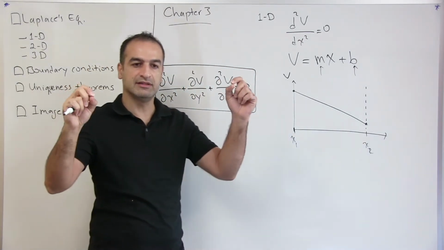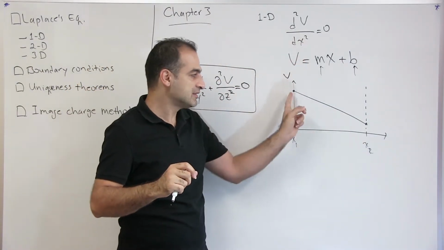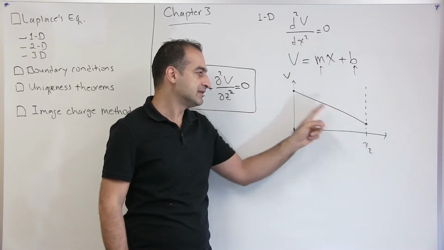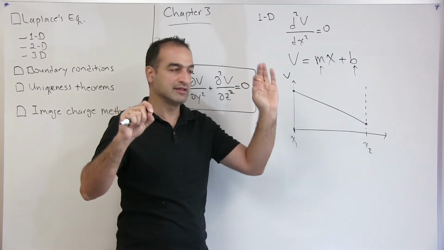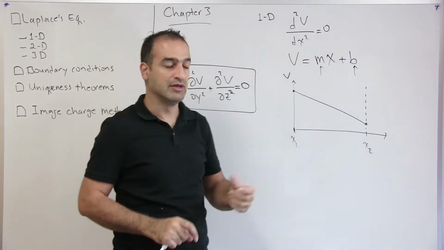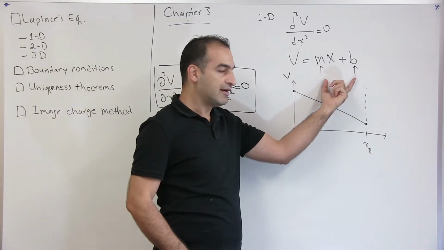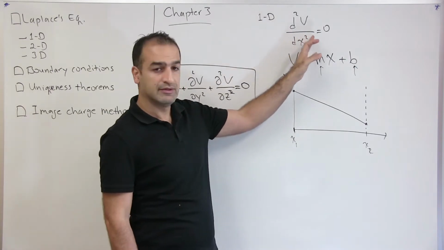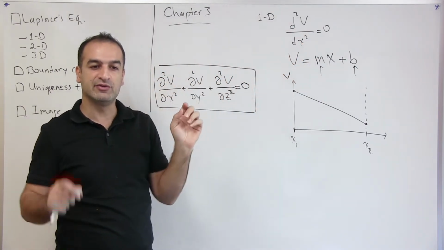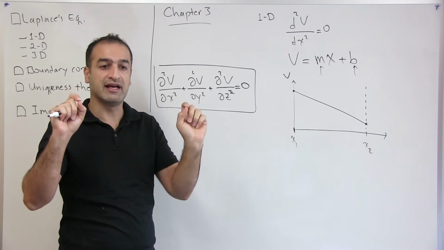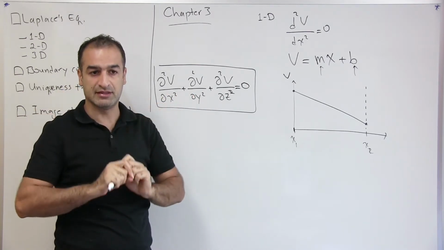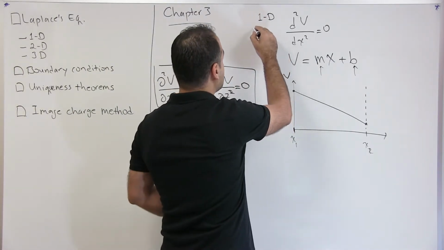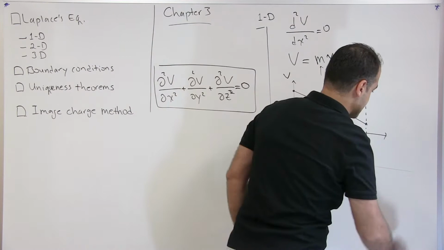The slope m and the constant b are calculated based on these 2 boundary conditions. Any second order ordinary differential equation needs 2 fitting variables, determined by the boundary conditions. So the one-dimensional case is as simple as this.